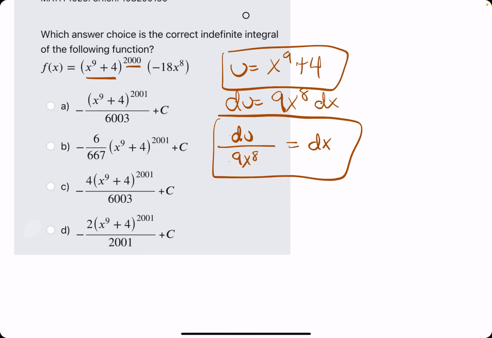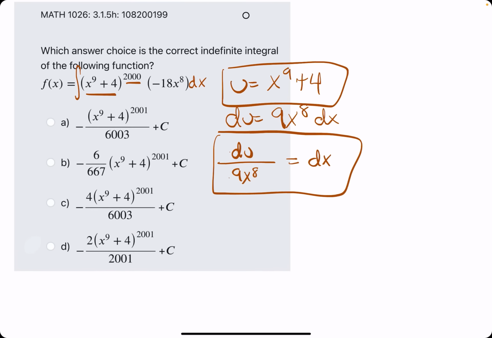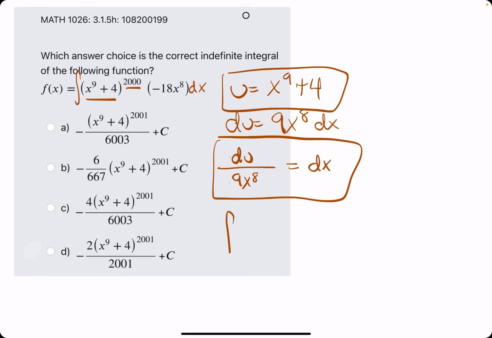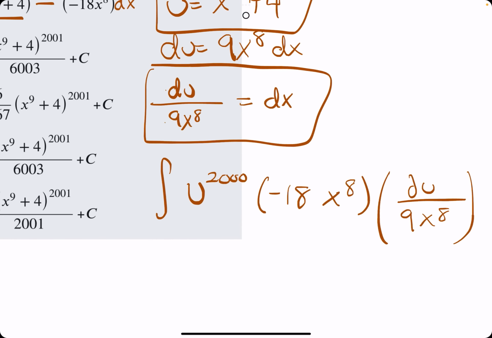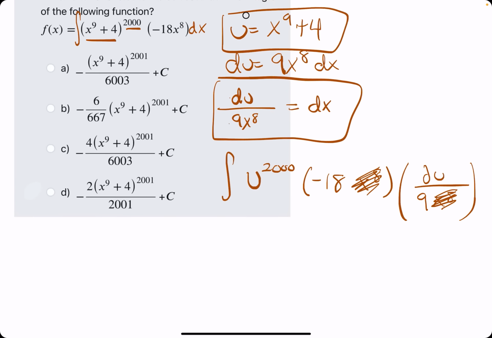So now, treating this all as an integral of dx, we substitute in the u in place of the x to the 9th plus 4. So we have u to the 2000th. Keep the negative 18x to the 8th, and then sub in the dx, which is du over 9x to the 8th. The x terms will always cancel as long as u-sub is working.